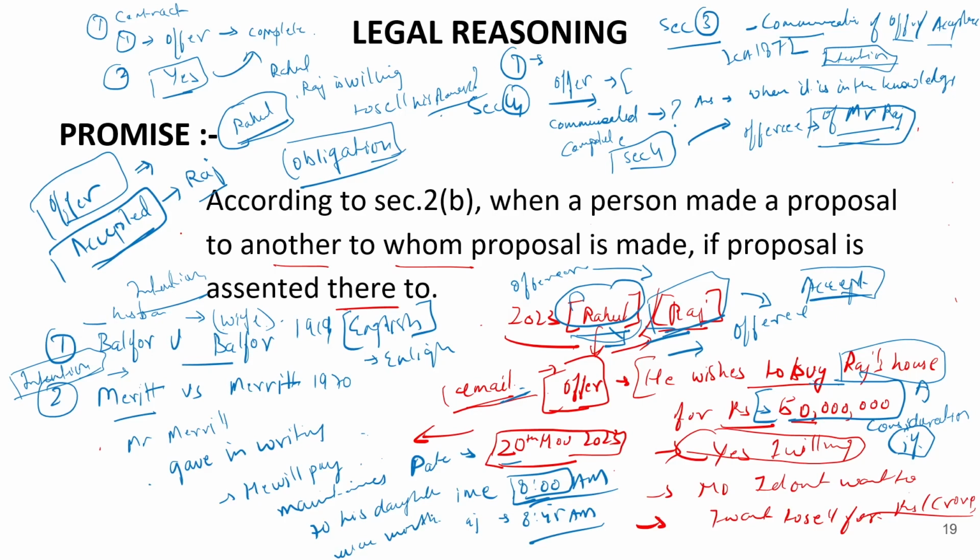Now, as you can see, if the person is writing, if he is showing his willingness and his acts are such which can be considered to be an offer, that particular agreement has the intention, and that intention clearly demarcates that the person is willing to enter into a legal obligation.